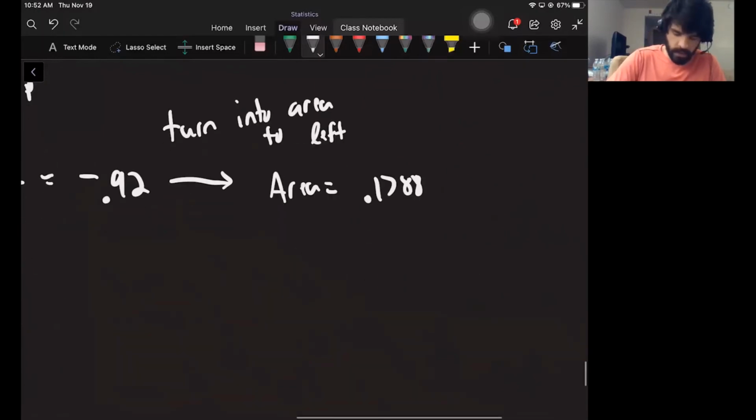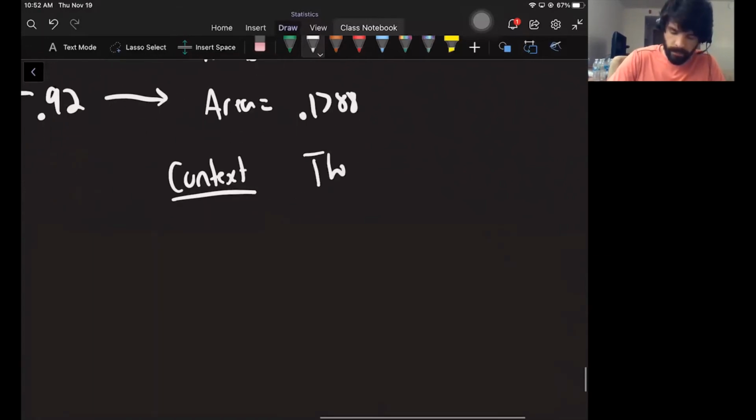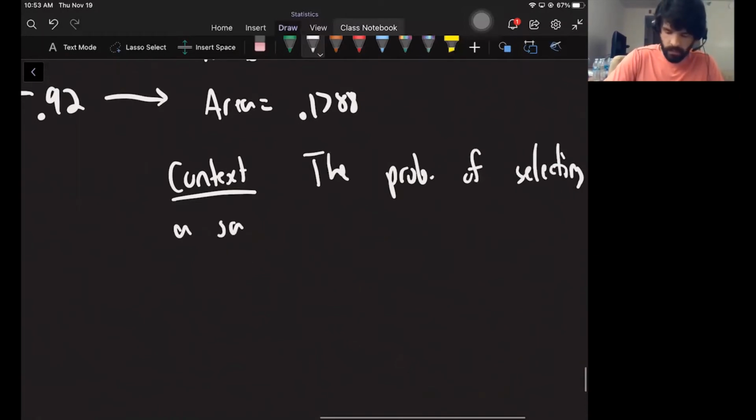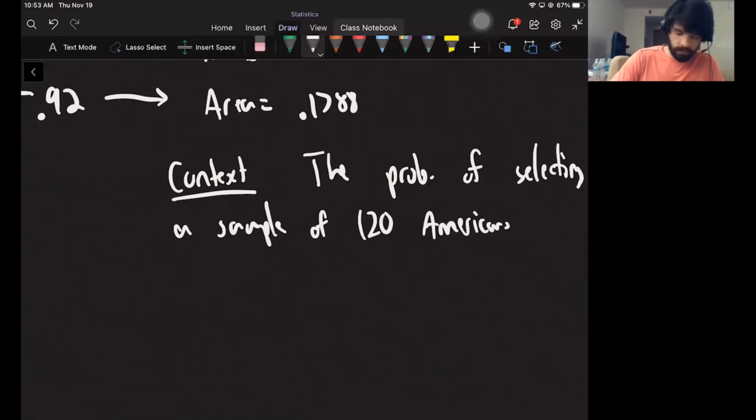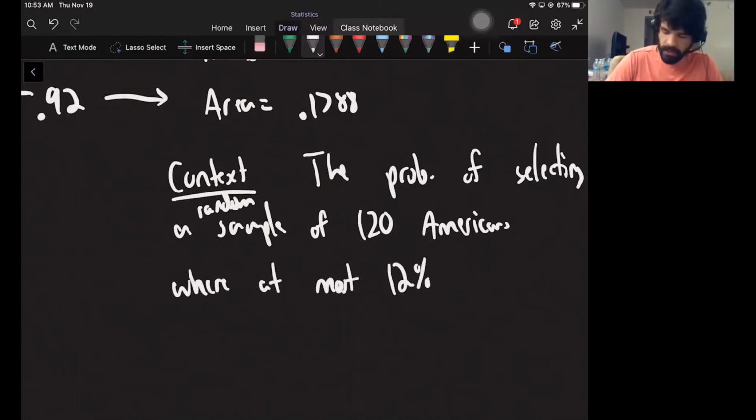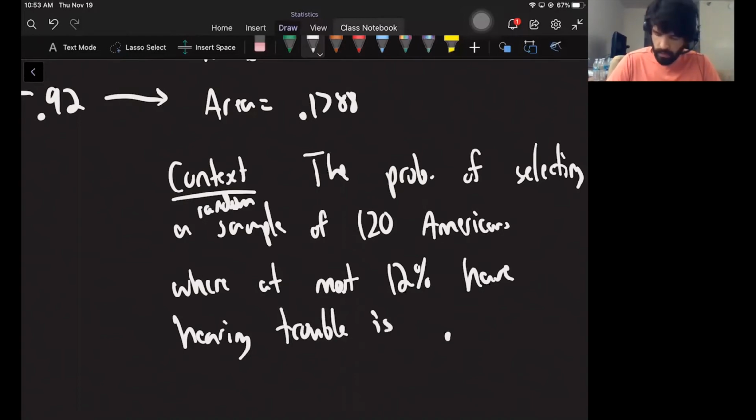So now to actually answer the question in context, the probability of selecting a sample of 120 Americans, I guess it's always a random sample, I should be clear, random sample, where at most 12% have hearing trouble, is this probability that I just found.